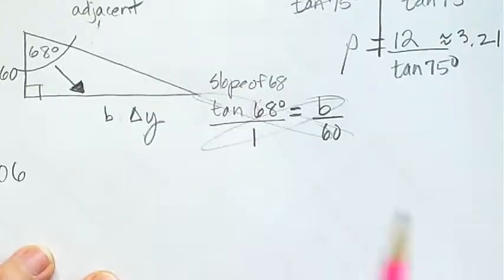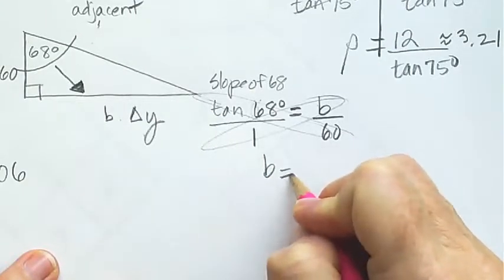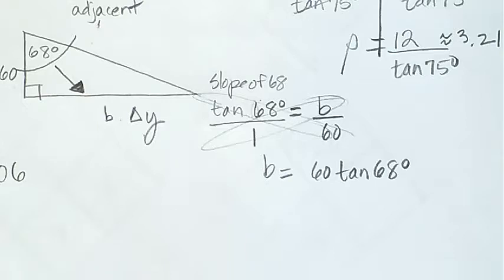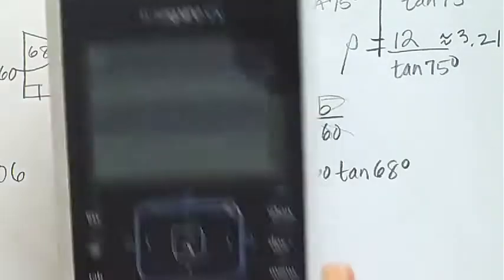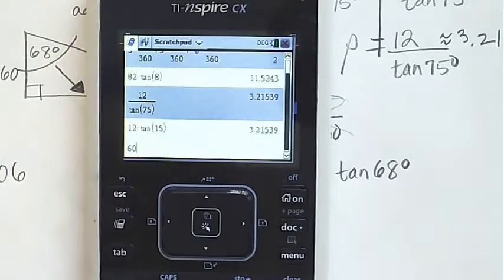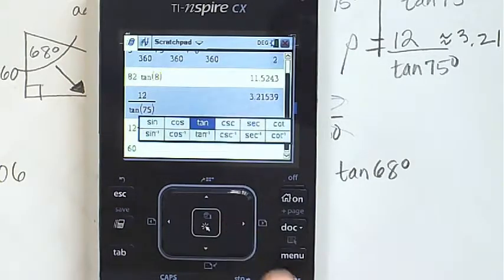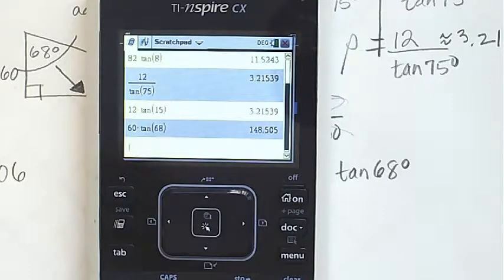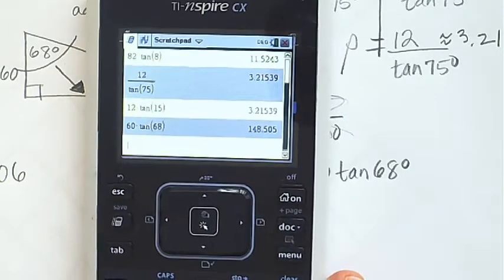Let's cross multiply, and that gives us b equals 60 times tangent 68 degrees, which is 148.5.